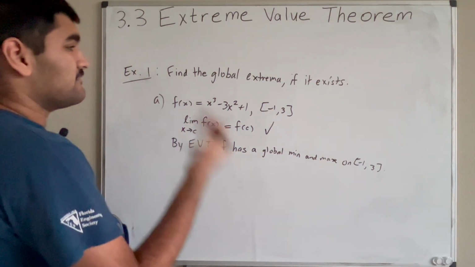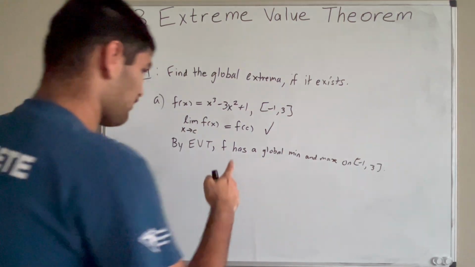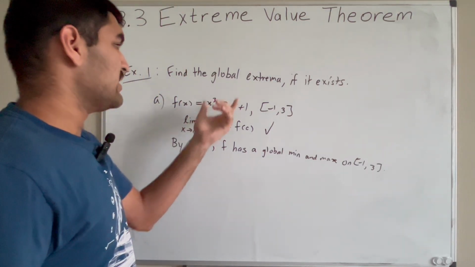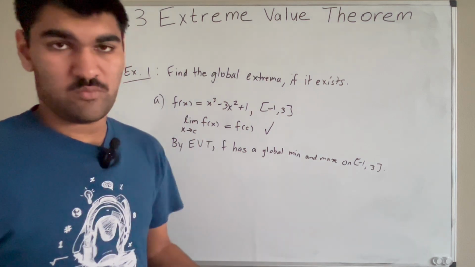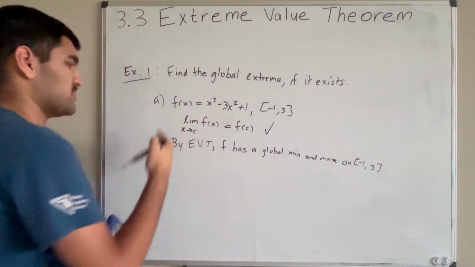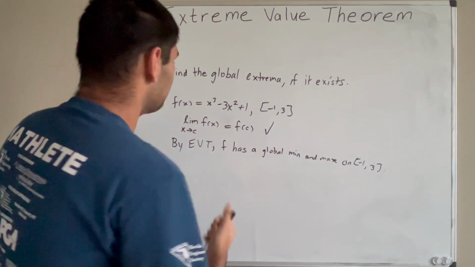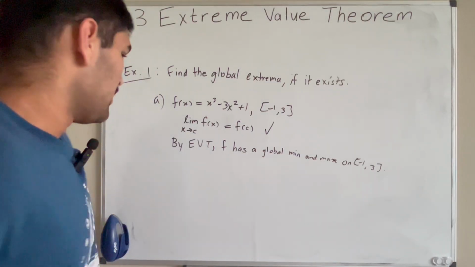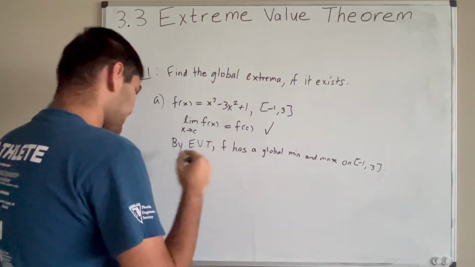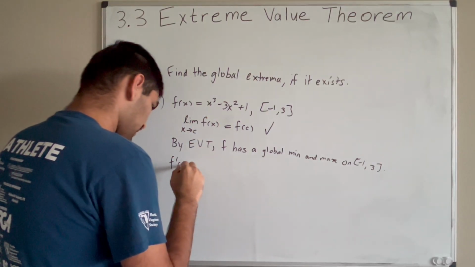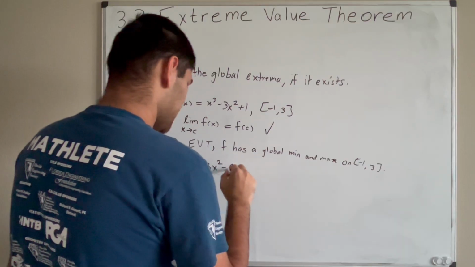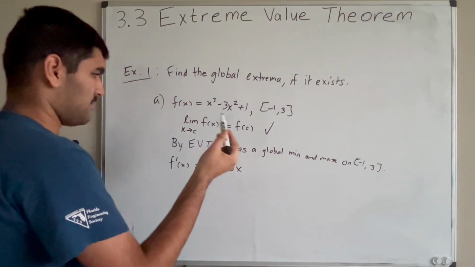So now how do we find it? Well, remember that f only has global extrema at its critical points. So we must find the critical points of f. The critical points are simply where the derivative of f is equal to 0 or it's undefined. So let's begin by finding the derivative of f. So f prime of x is equal to 3x squared minus 6x, by the power rule.